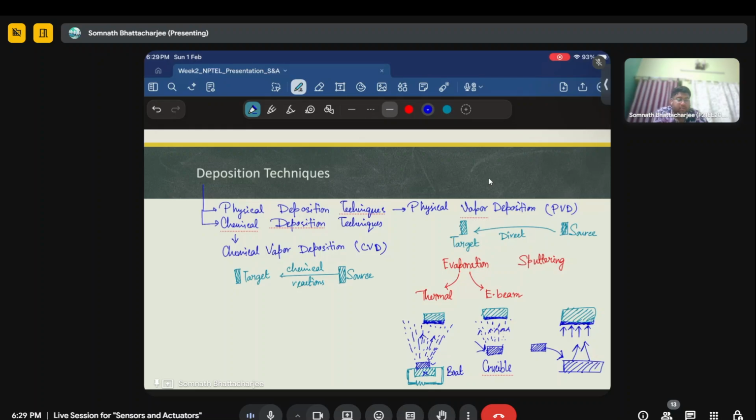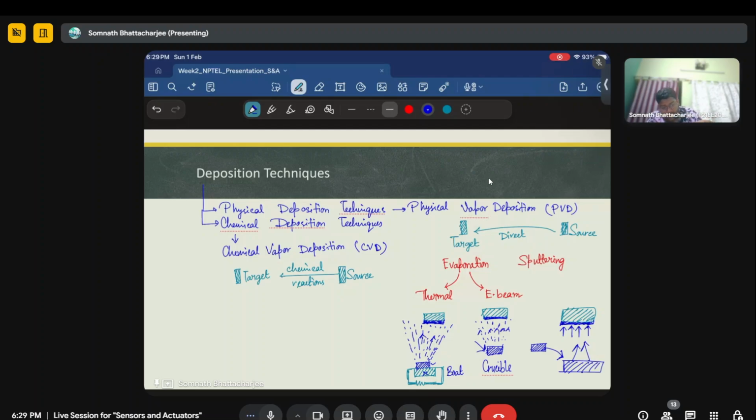So these are the most common PVD techniques. In these cases, you are depositing a thin film or a layer through a physical process. Either you are directly involving ions connecting onto the sample itself, or you are evaporating or creating a vapor, and the vapor is directly getting stuck onto the sample. So everything is a physical process.